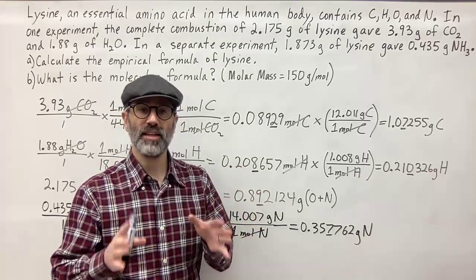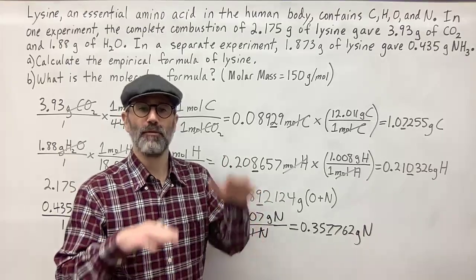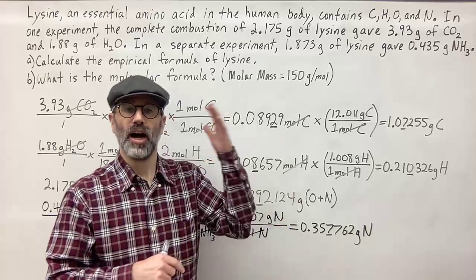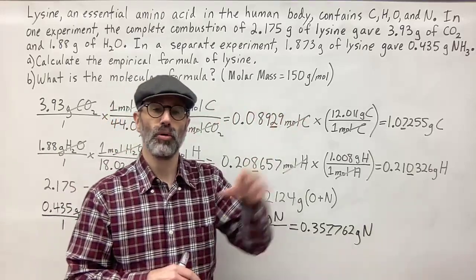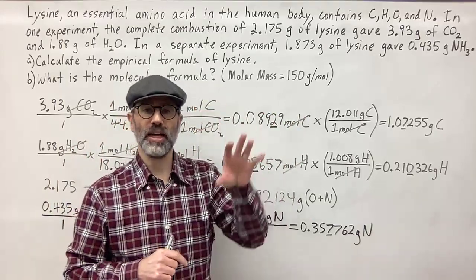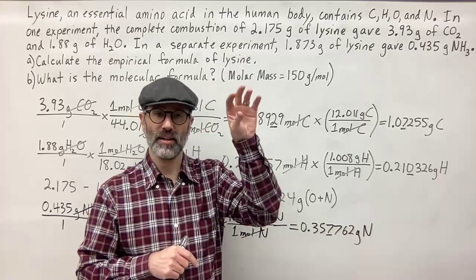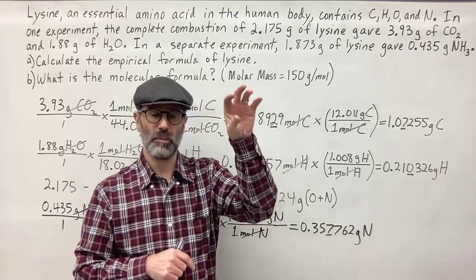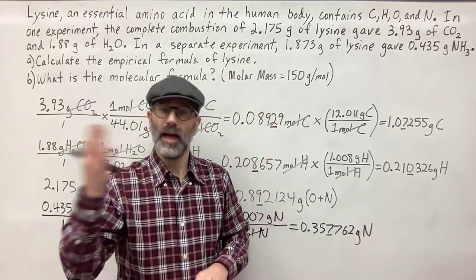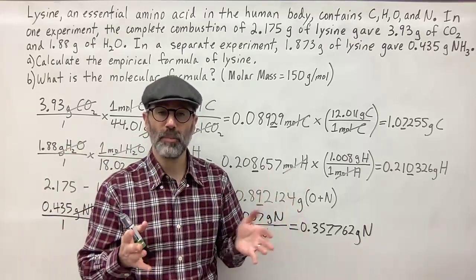That percentage stays the same no matter how much you have. A percentage is just a fractional amount of the substance you have compared to the whole. If I want to know the percent of nitrogen, I find the grams of nitrogen in my sample, divide it by the total sample, multiply by 100, and I get the percent mass that's due to nitrogen in my sample.